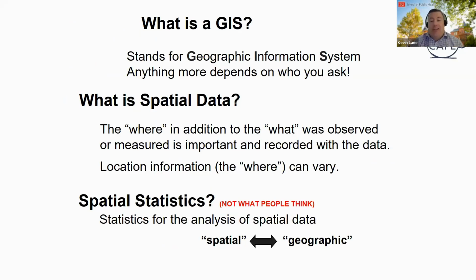For instance, you can have electronic health record information that could be at an address level or a zip code. And that zip code or address would be the where that allows you to put data into real world latitude and longitude, so you can put them into a map based upon a coordinate reference system that you want to use for your data.